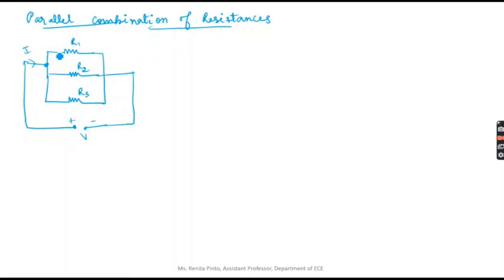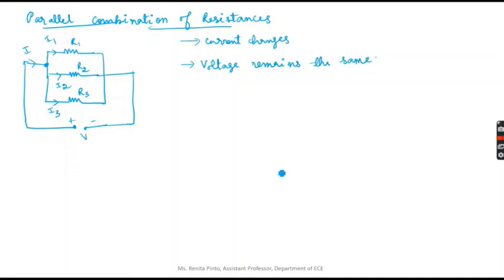Now you can see at this point that current divides. Current I1 is flowing through R1, current I2 will flow through R2, and current I3 will flow through R3. So in the parallel combination of the resistance, current changes. What about voltage? Voltage for all the three resistances in parallel will remain the same. So current changes and the voltage remains the same.